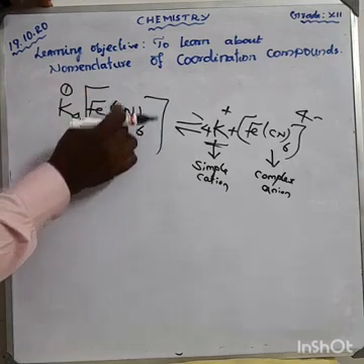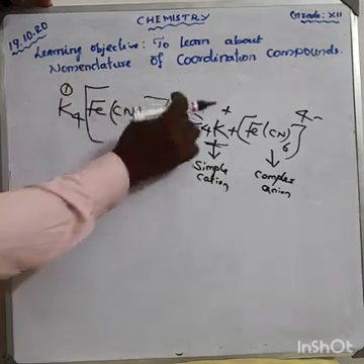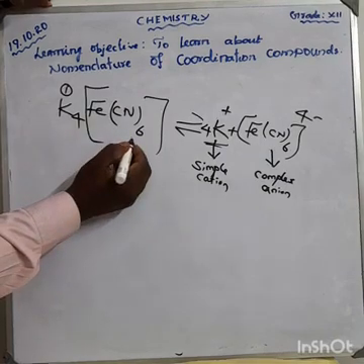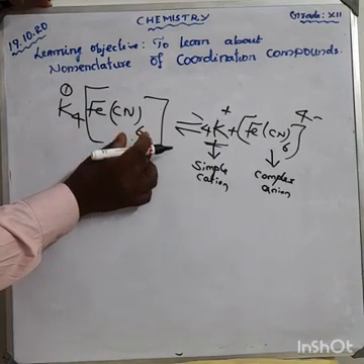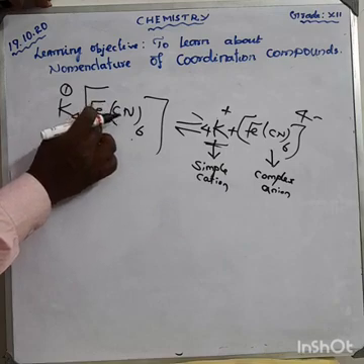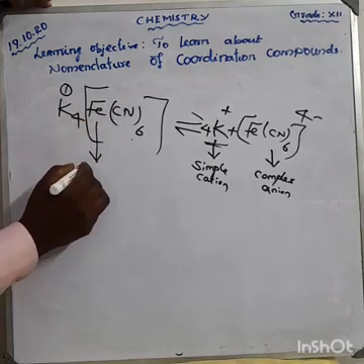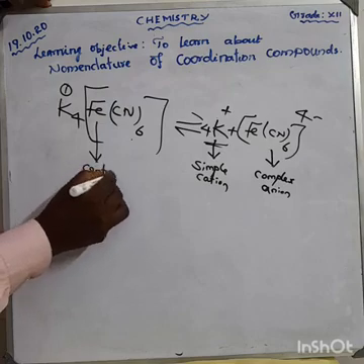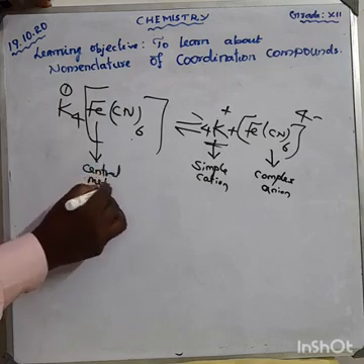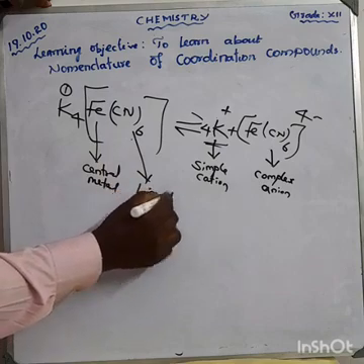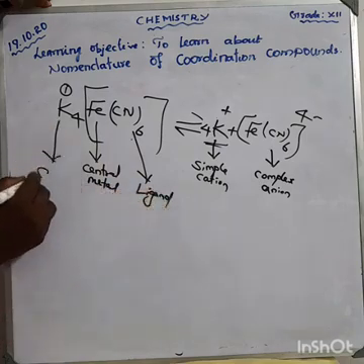Next goes the coordination entity. Next start with the ligand. Ligand is attached to the central metal ion. Fe is the central metal. The CN is the ligand. This is the simple cation.